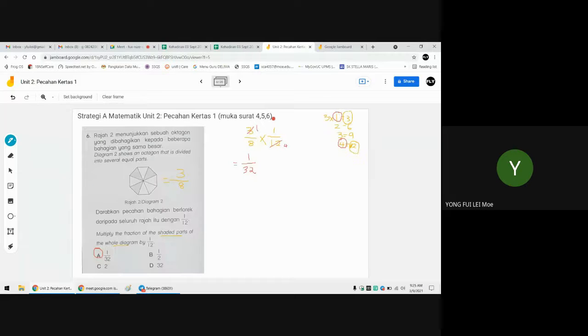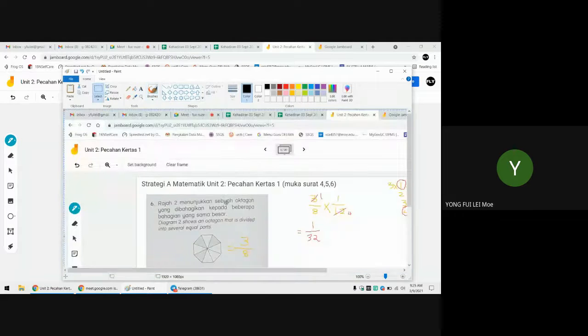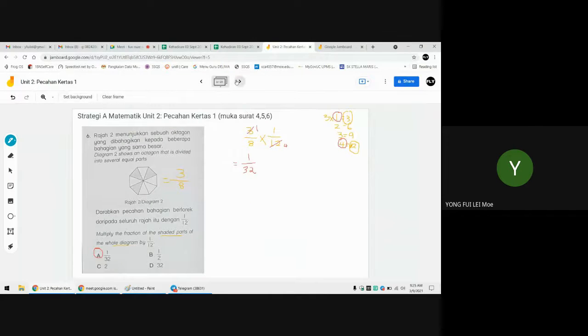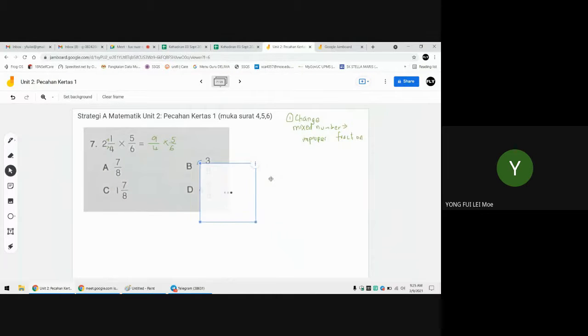Luckily I did my multiplication table here. I'm a lazy teacher, I need a lot of shortcuts. So this is my shortcut, I just copy and paste.